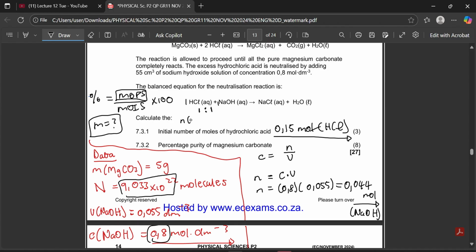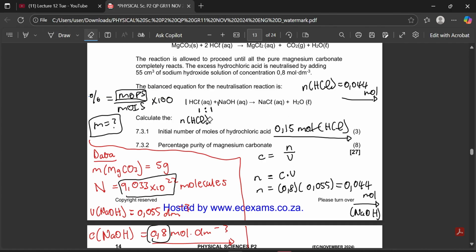Therefore, the number of moles of HCl should be equivalent to the number of moles of sodium hydroxide, which therefore we can say that the number of moles of HCl is 0.044 moles. Aha. Fairly easy, very nice, you know? Okay.